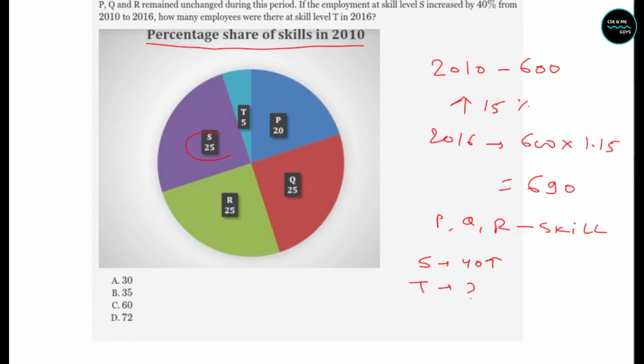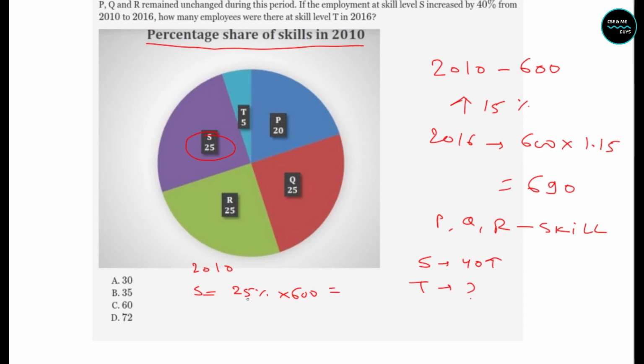So S is 25% of total employees. So 25% of 600, S is this many employees in 2010.